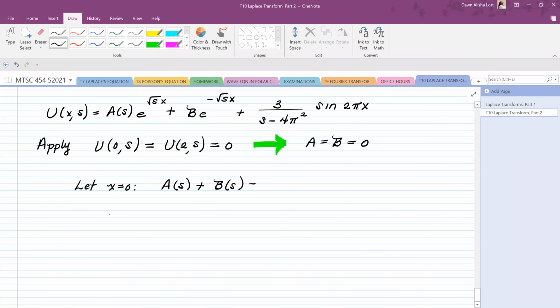And when you let x equal to 2, you get a of s e to the 2 square root of s plus b e to the minus 2 square root of s.